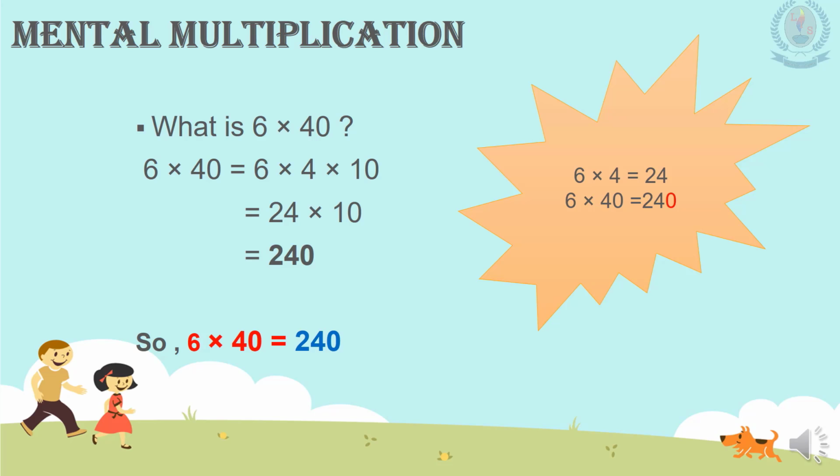So, we can find the product by multiplying 6 by 4 tens. What is the answer of 6 times 4? It is 24. Then 24 times 10 is 240. Then the answer becomes 240.